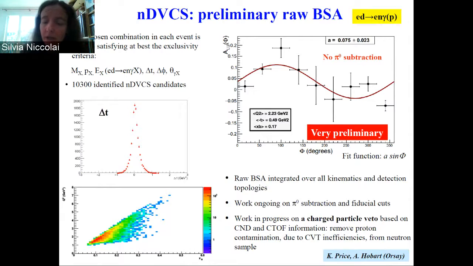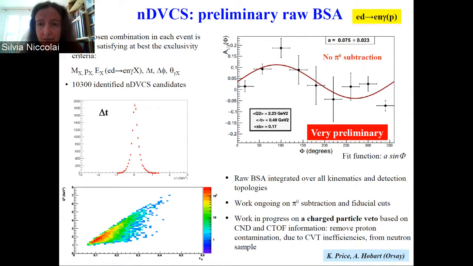We are also working on developing a veto for charged particles only based on the scintillators of the central detector of class 12 in order to remove some leftover proton contamination that there can be in our neutron sample due to holes in the acceptance of the central vertex tracker or overall inefficiency.